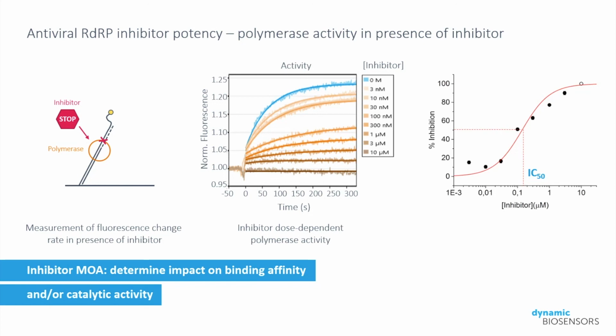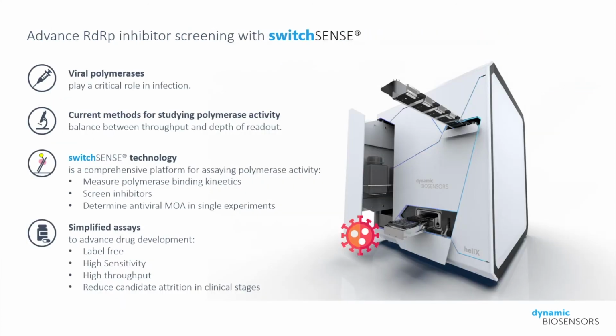Thank you, Gansha. So now, to give you an overview of what we talked about, we went through viral polymerases and how RdRP polymerases play a critical role in infection for a number of diseases. How the current biochemical methods for studying polymerase activity are lacking, both often in their throughput as well as the depth of readout, preventing an understanding of the mechanism of action of a number of inhibitors.